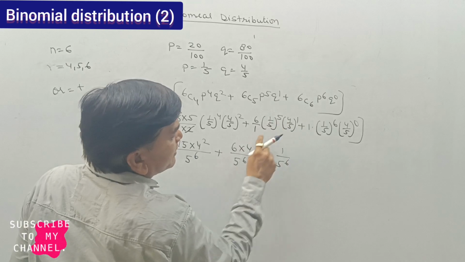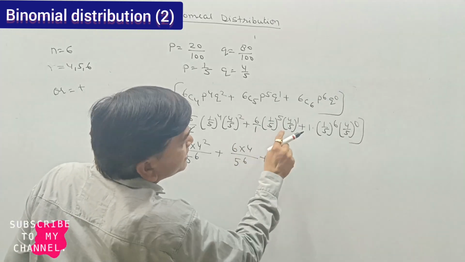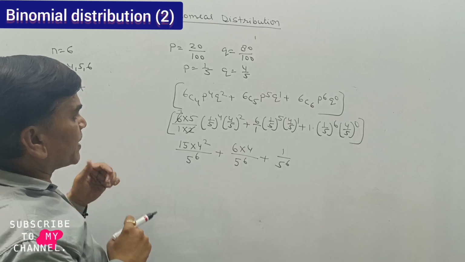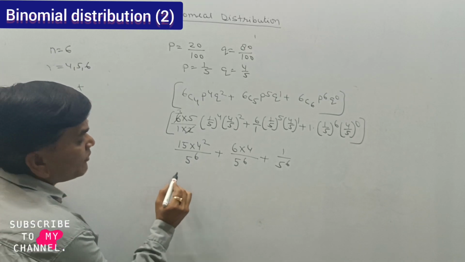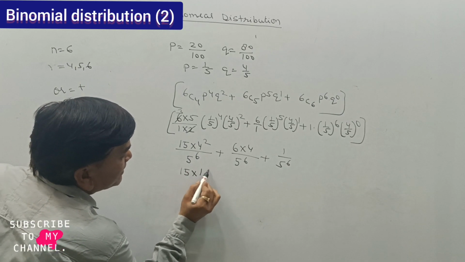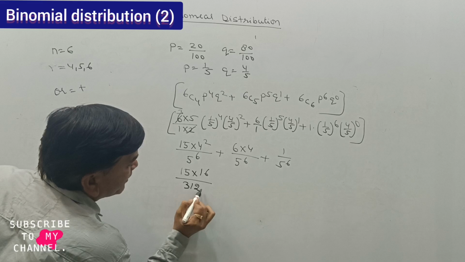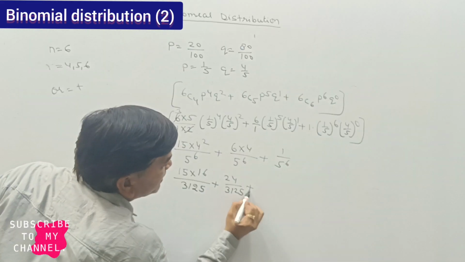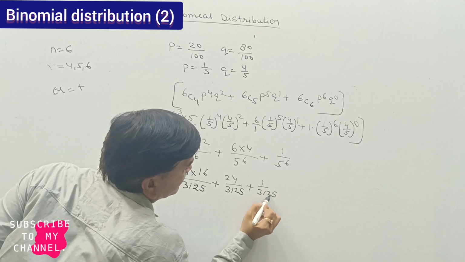So we will have 15 multiplied by 16 upon 3125 plus 24 upon 3125 plus 1 upon 3125.